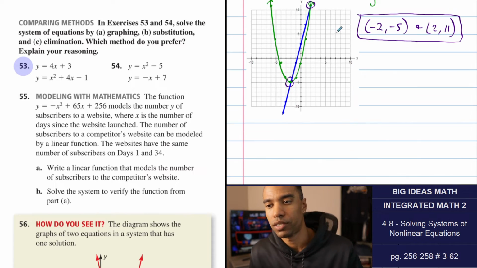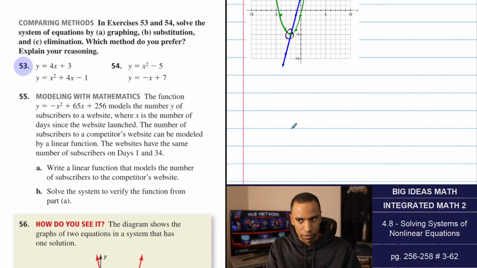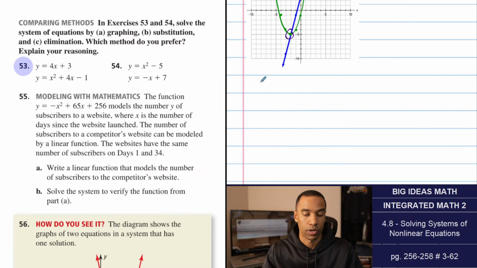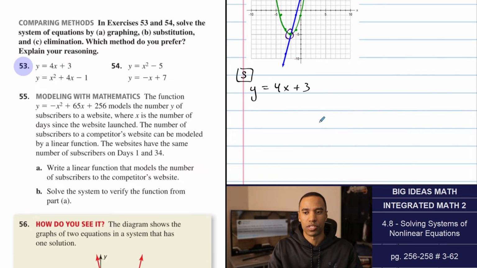Now, substitution and elimination start differently, but they end the same. Once I get it set equal to 0, which is my intent for these things, let's do substitution next. This was graphing, by the way. Once I set it equal to 0, it's the same thing either way.